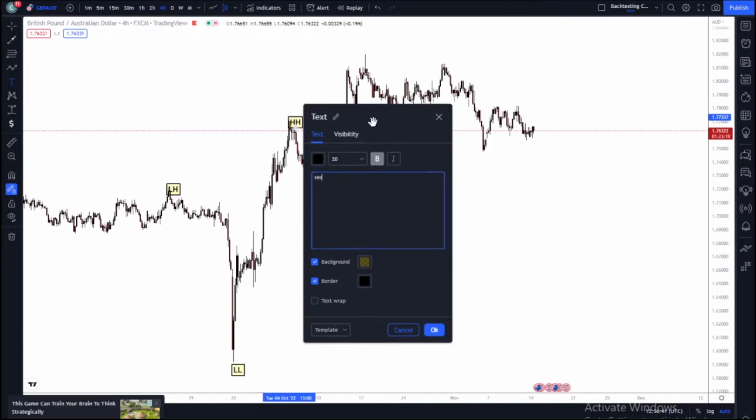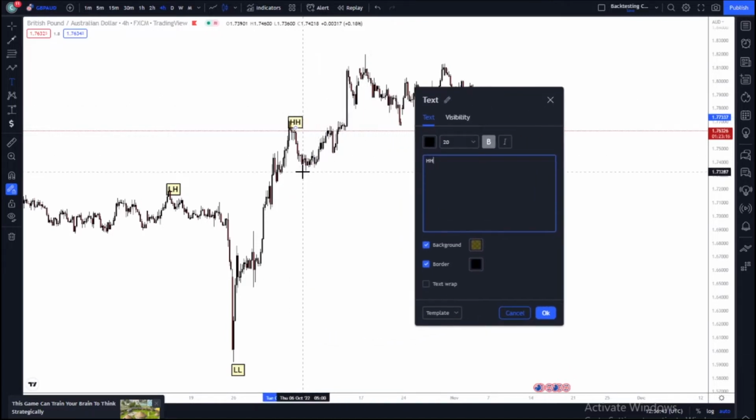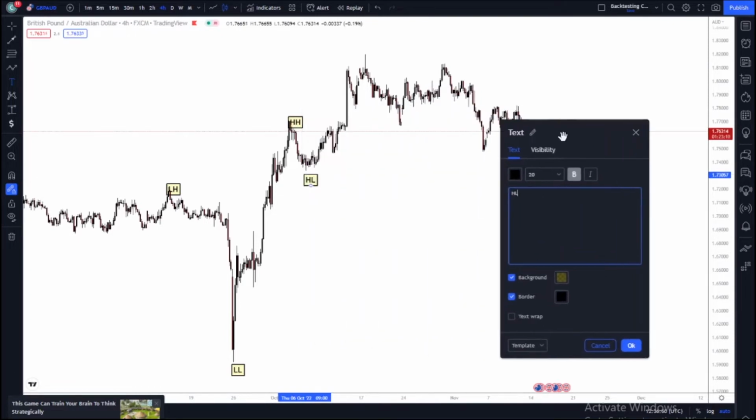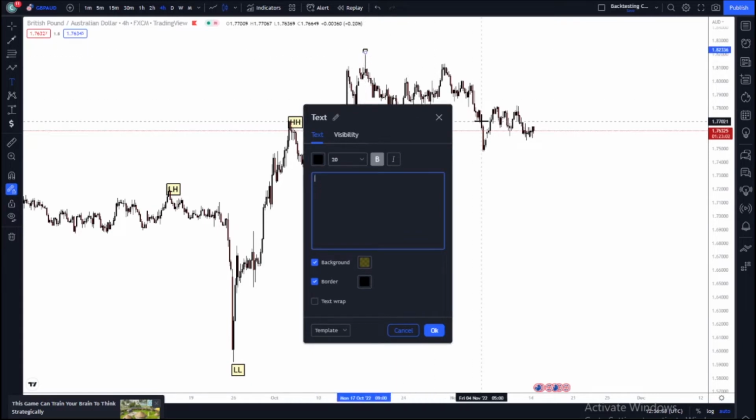And we have a new higher low right here, HL, which created a new higher high right here, HH. So this is our structure.